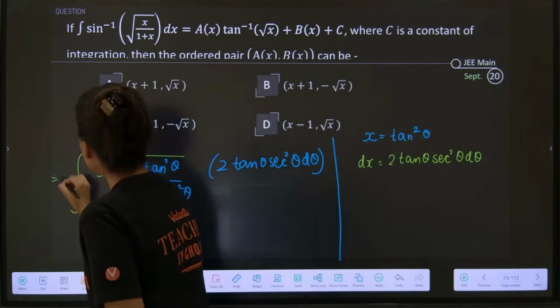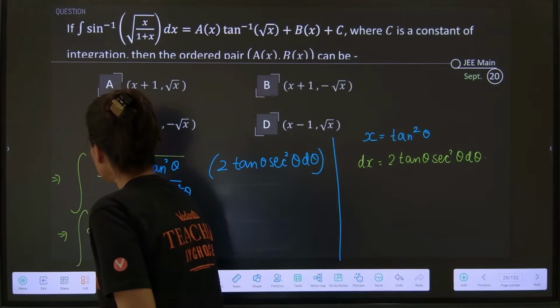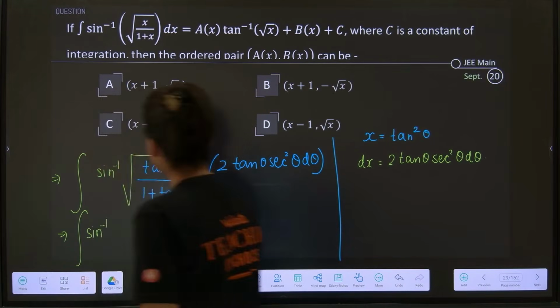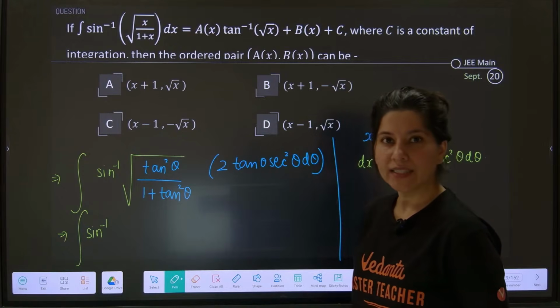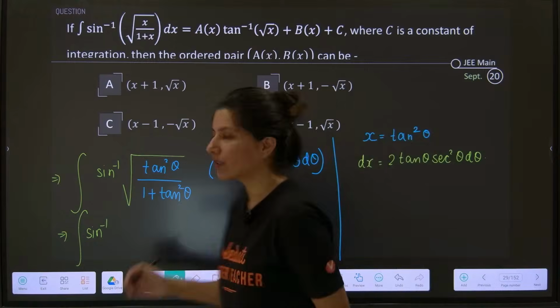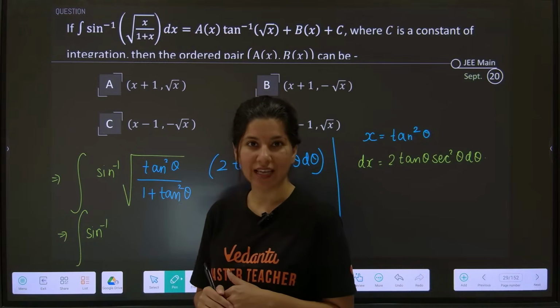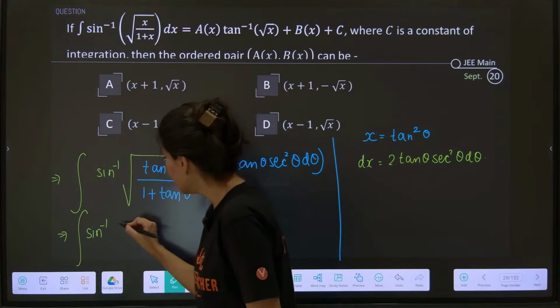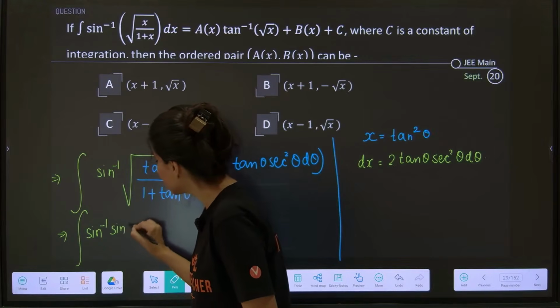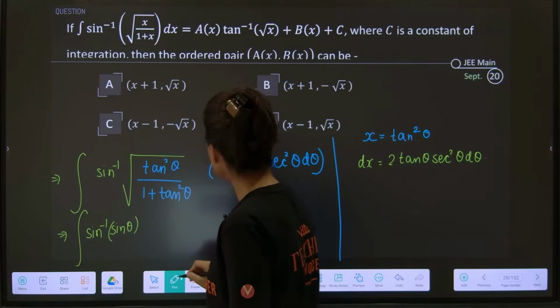So what is this? Integration of sine inverse of tan theta upon sec theta. Tan upon sec is tan into cos, which is sine theta. So it is sine inverse sine theta, which is theta.